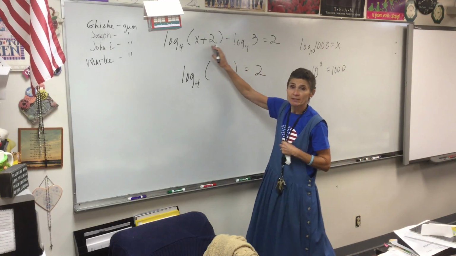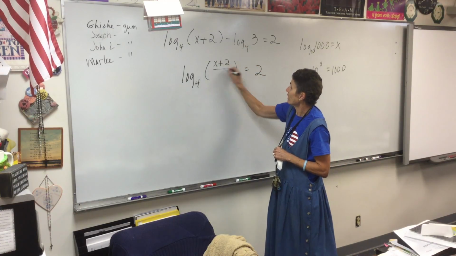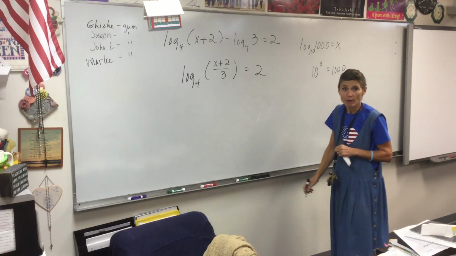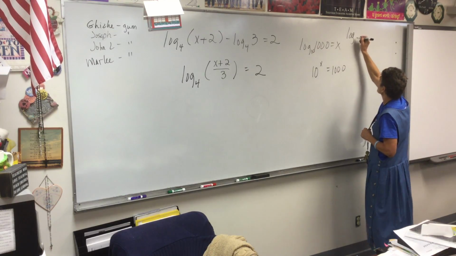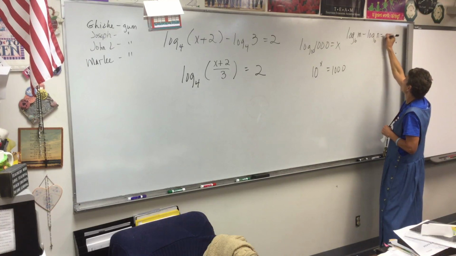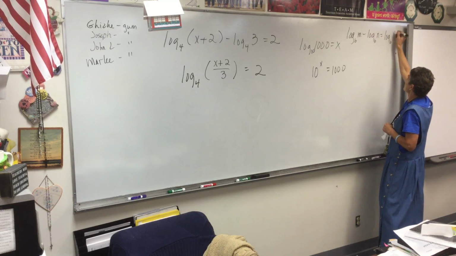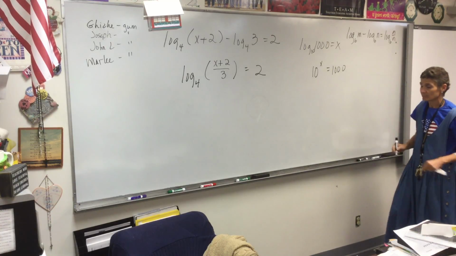That is one of our properties. That property says the log base b of m minus the log base b of n equals the log base b of m over n. And it goes both directions.